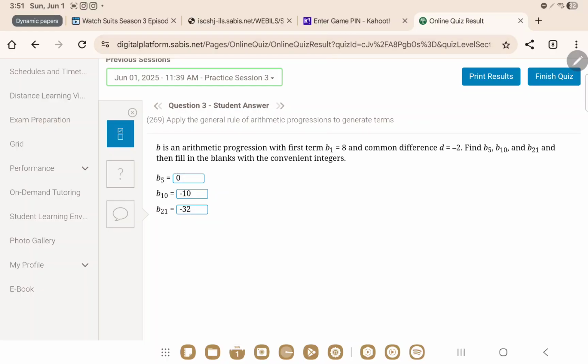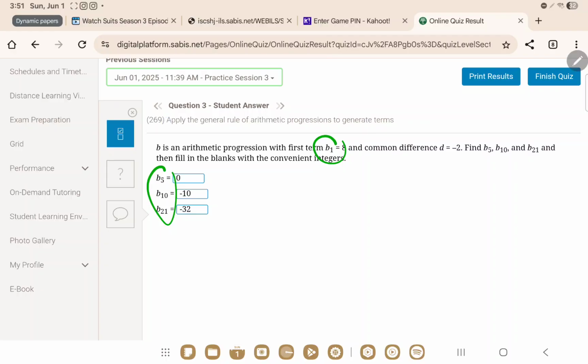Now here, they gave us the first term, and they asked us for the 5th, the 10th, and the 21st term. In this case, you're obviously not going to do like you did in the last question and just keep subtracting 2 until you get the 5th term. If you're in doubt, do that. But the better way to do it is find the equation.